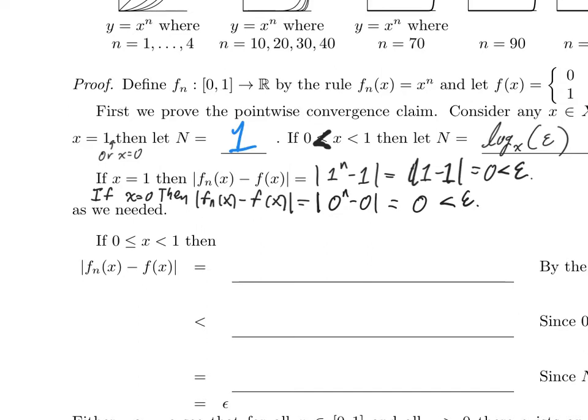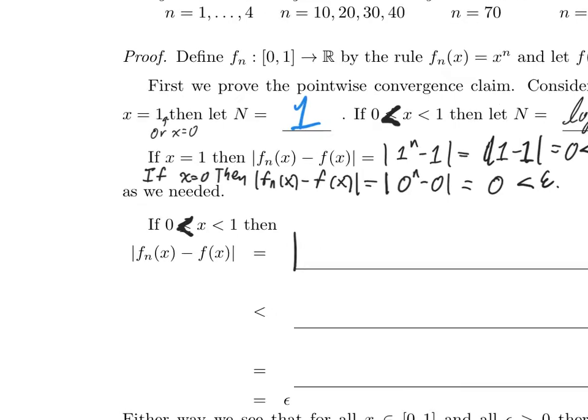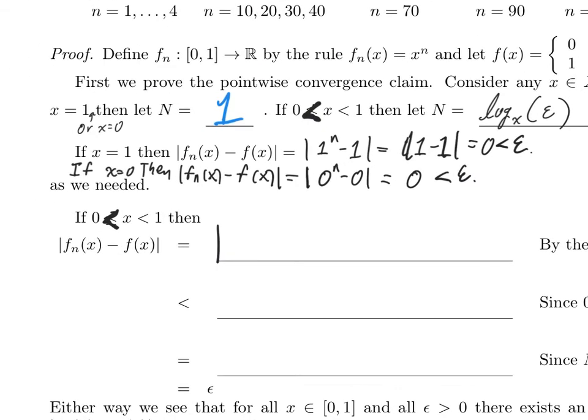In the case that x is properly between 0 and 1, then the absolute value of f sub n of x minus f of x is equal to, by the definition of f sub n of x and f of x, x to the n minus 0, which is just x to the n.